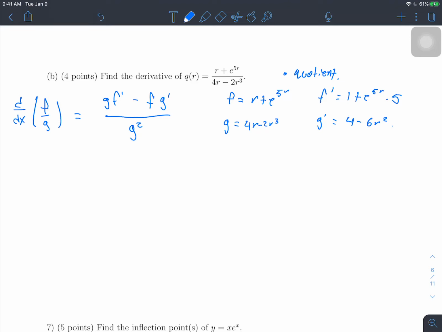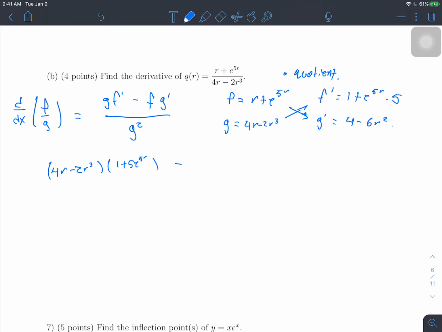So combining all of this stuff, we get g times f prime. We're just going to crisscross applesauce these guys. For the top, g f prime is going to be 4r minus 2r cubed, multiply that by 1 plus 5e to the 5r.